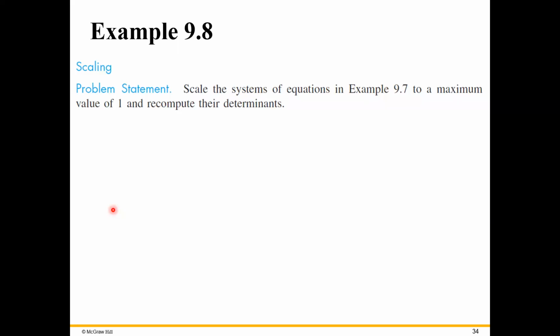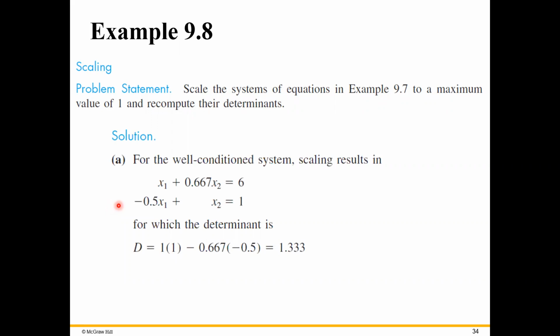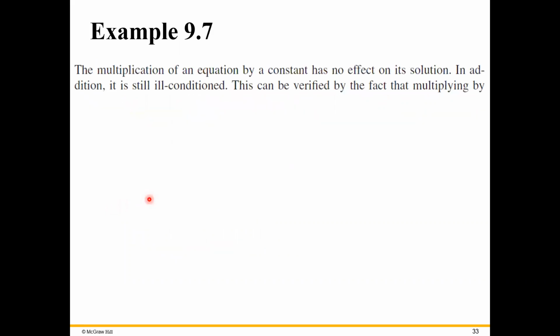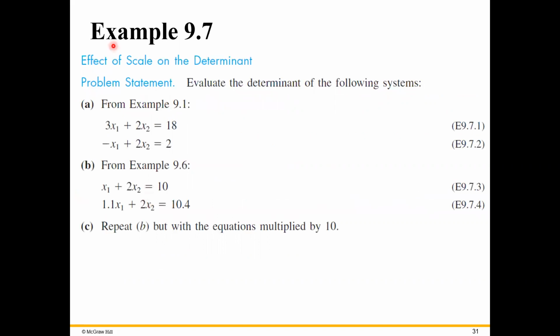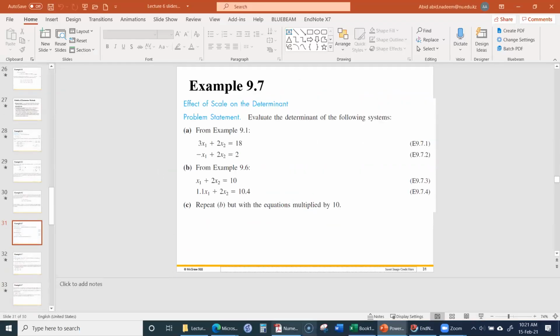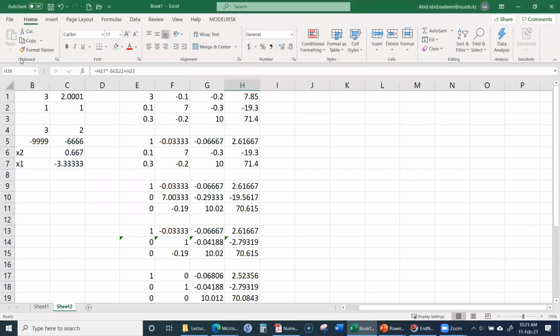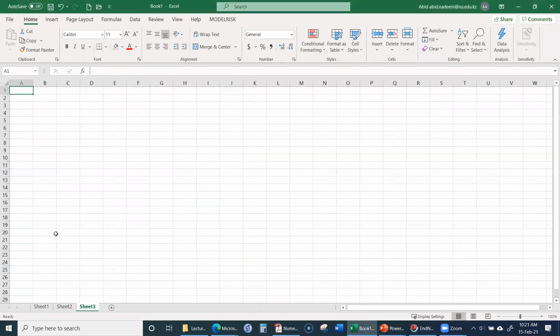So in the previous case, for example, we had these systems: 3, 2, 18, minus 1, 2. It has been asked in this example that we need to scale these systems.